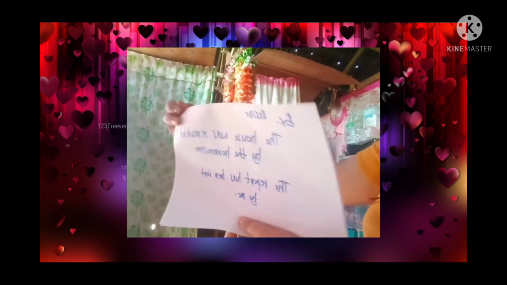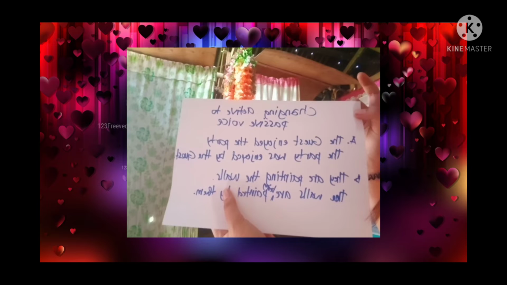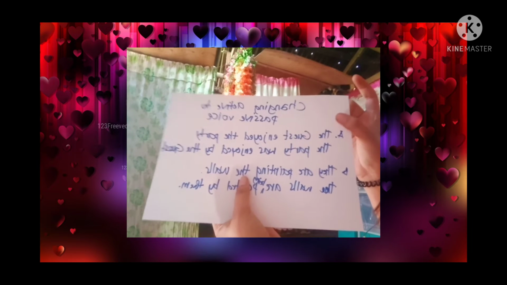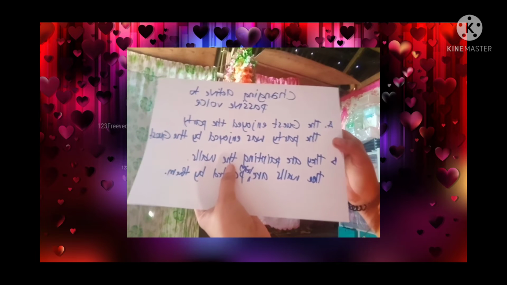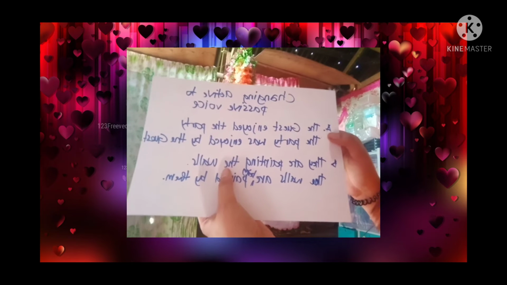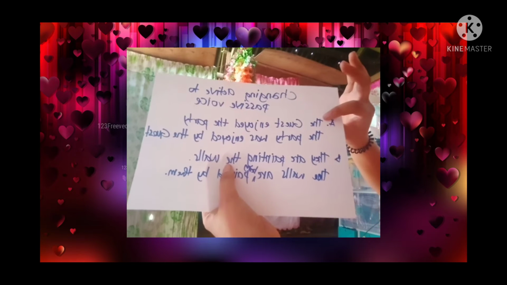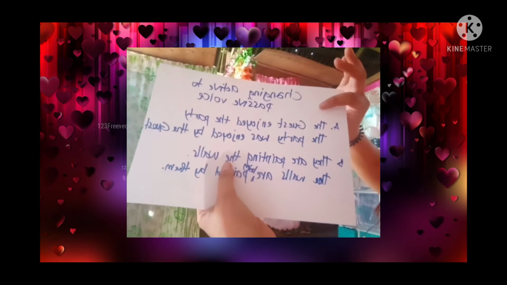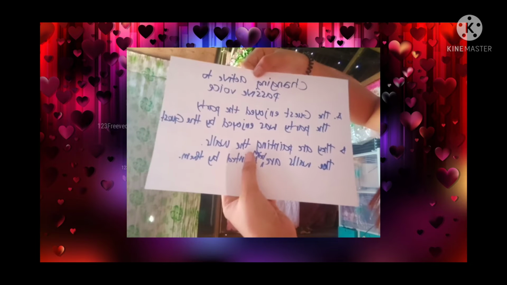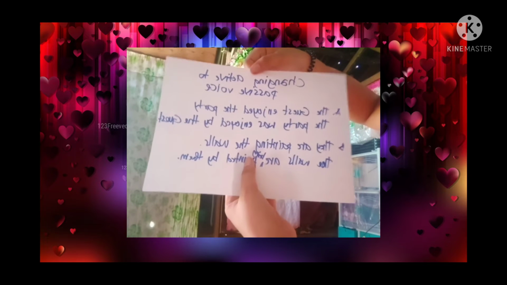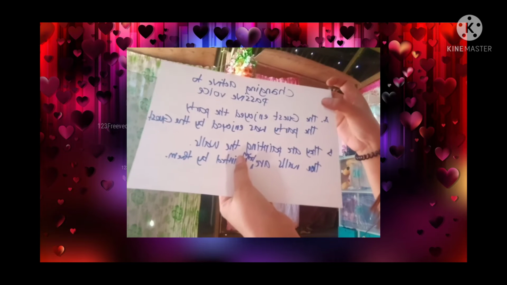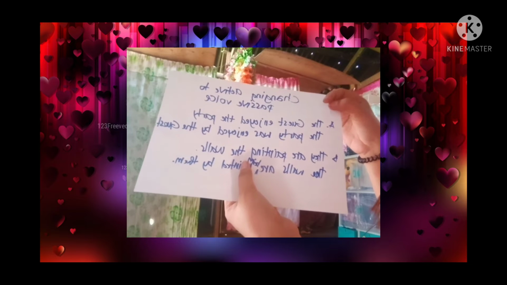Very good. Examples of active and passive voice sentences. Read it, class. The guests enjoyed the party. The first sentence is the active voice. Remember, class, the doer of the action is introduced first. Next, the party was enjoyed by the guests.